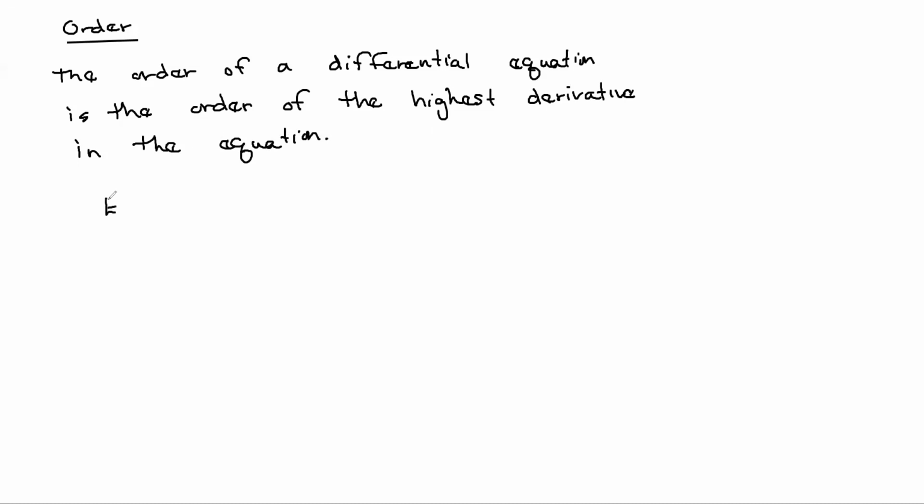So for example, if we had y triple prime plus 2e to the t y double prime plus y prime equals t to the fourth. If we looked at this, we would say we've got a third derivative, a second derivative, and a first derivative, and so the order of the differential equation is 3.